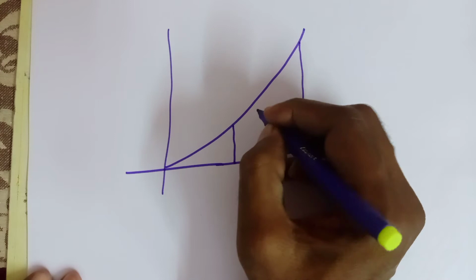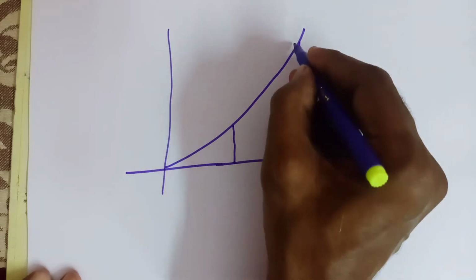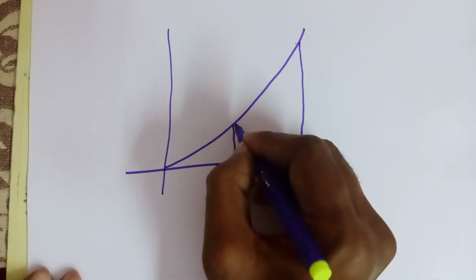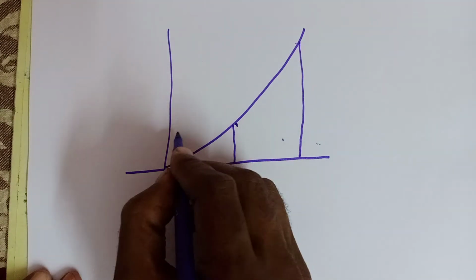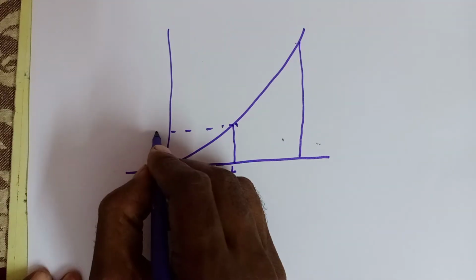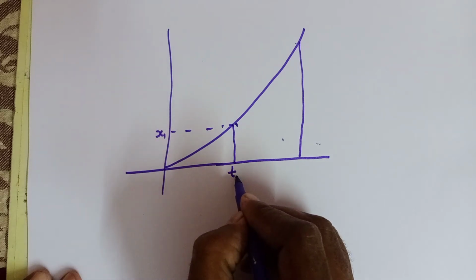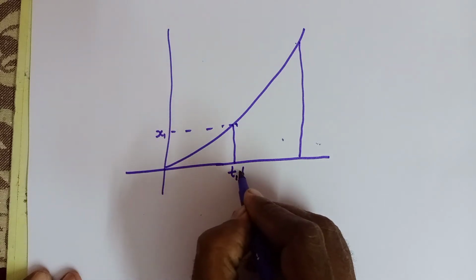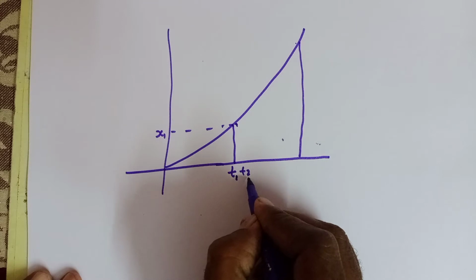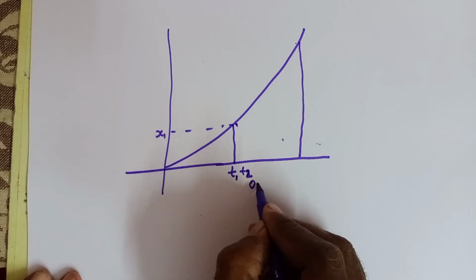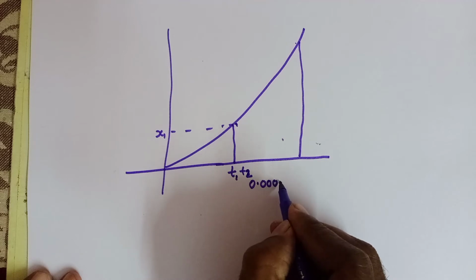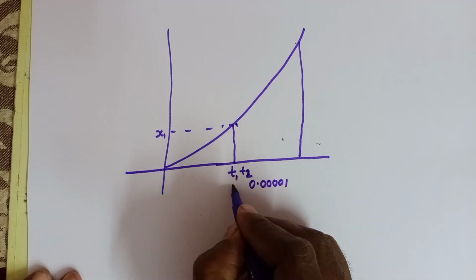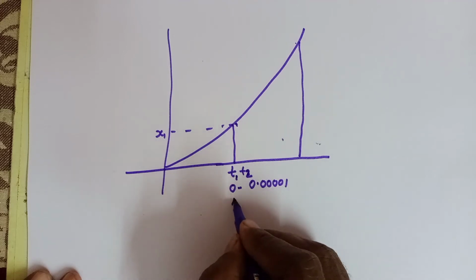Initially it is here, and then finally it is here. This time is t, this is x1. If the first time is t1, which is suppose 0, and t2 is 0.00001, then what will be the delta t?